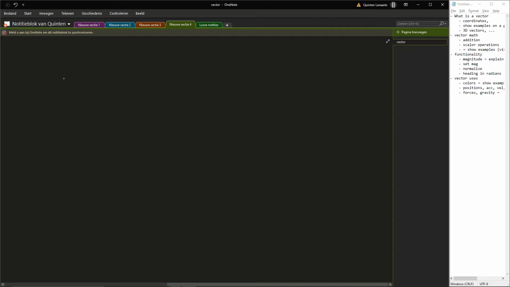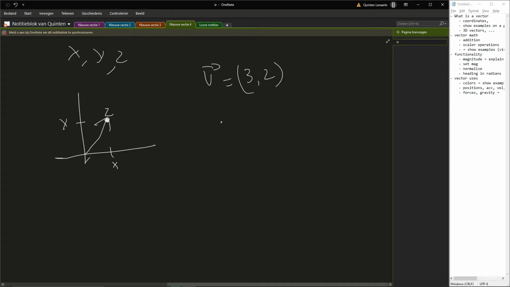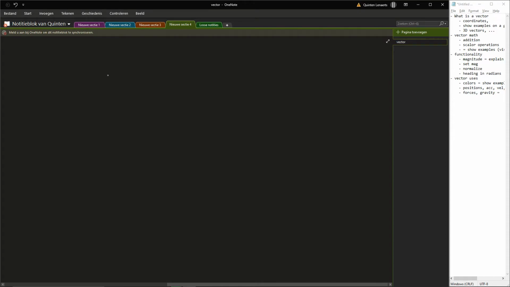So in the previous video, we saw in the library that each vector struct has three components: an x, y, and a z. For example, you could have a vector called v, and it would equal 3, 2. On a graph, this would be that vector over here, the v vector, but simply on a plane. So now we'll look at some vector math, because if you have a vector called v, for example, which is 2, 2, and then you have a vector u, I know they look the same, but this one is 3, 2, for example, you can add them up.